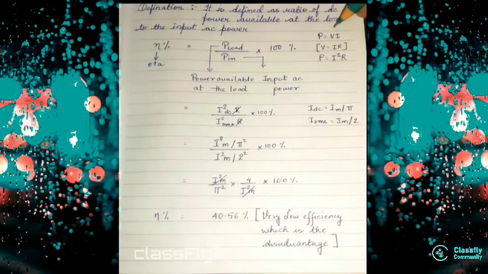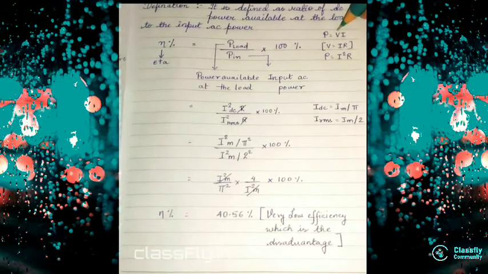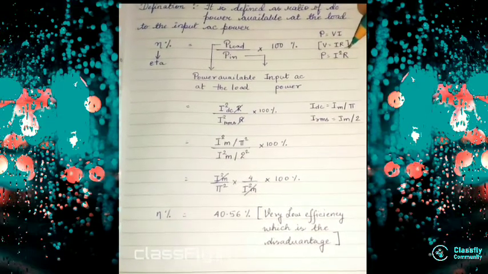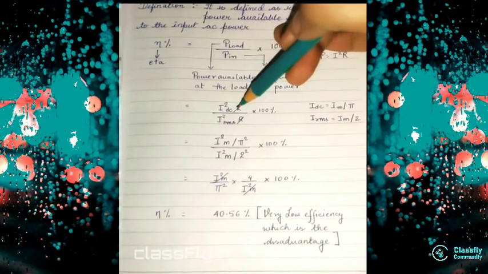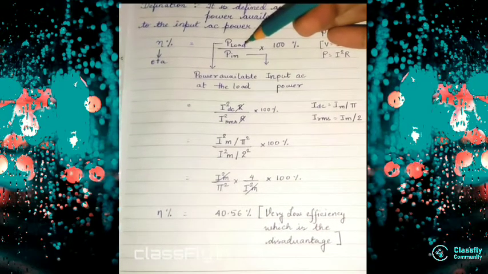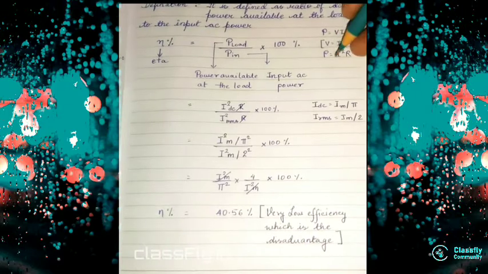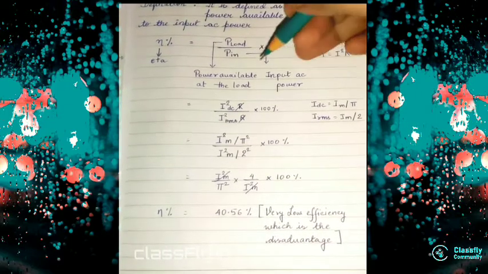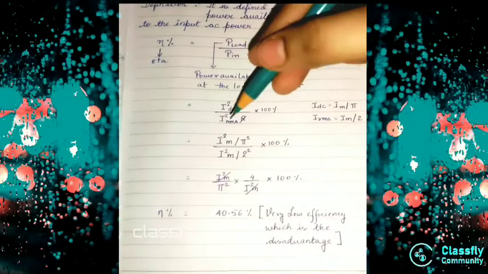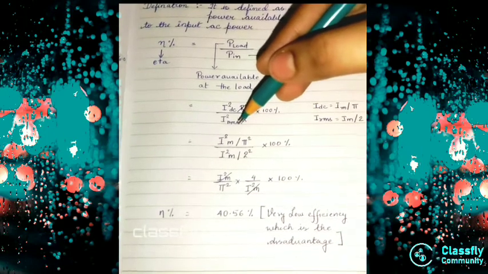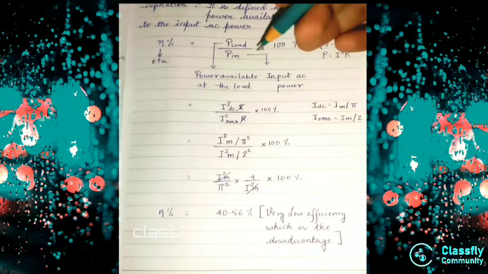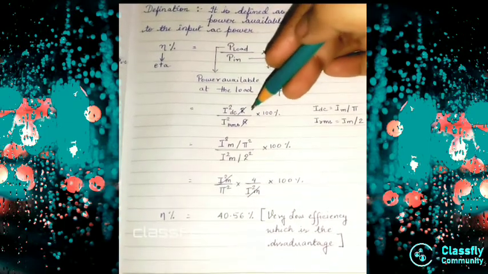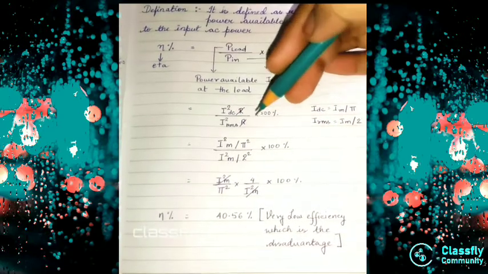So if we substitute the value of V in P equal to VI, then P is equal to I square R. We can write P load as I square DC R, because this is the DC power, and P in as I square RMS R, where RMS means root mean square.